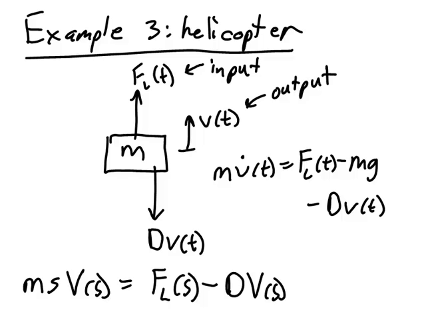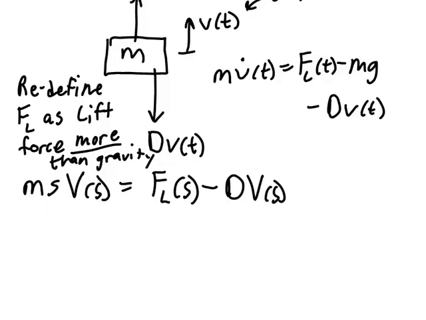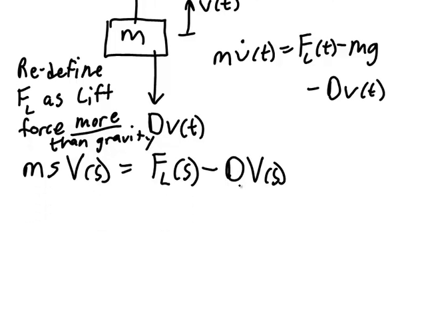By doing that, my equation is now in a form that can be put into the form of a transfer function. As we move through this problem, you will see why it's advantageous to try and get your equations into a form that can be put into the form of a transfer function.